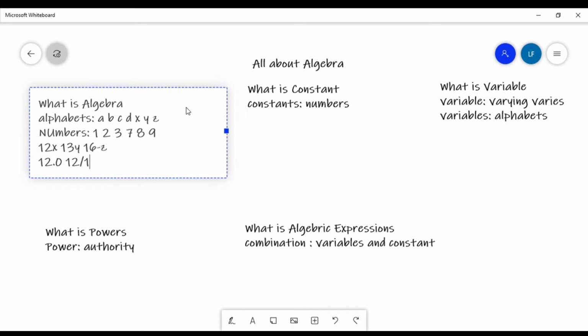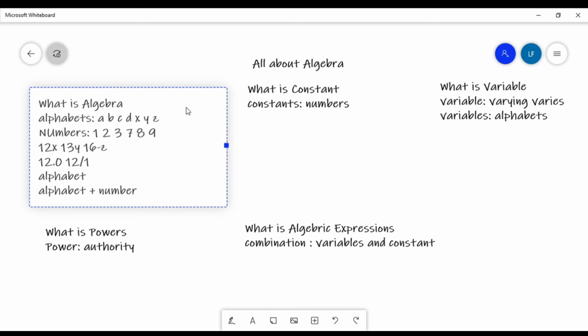So what set of numbers is specific to algebra? Well, the set of numbers which is specific to algebra consists of either an alphabet or an alphabet plus a number.